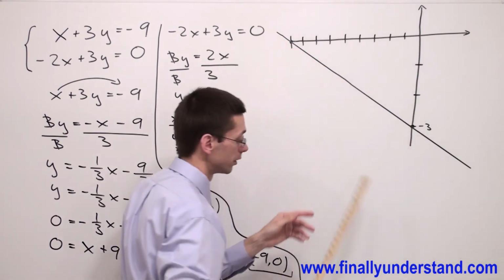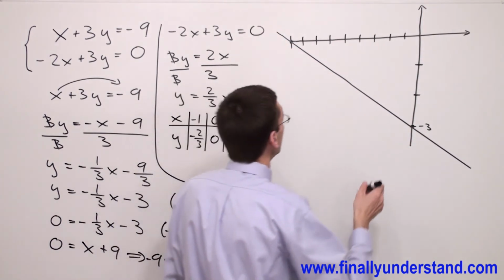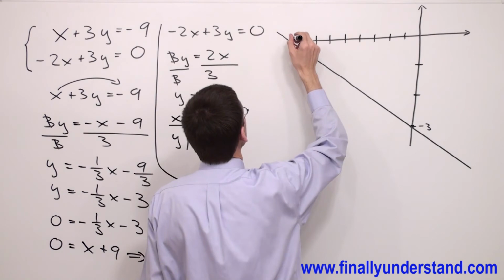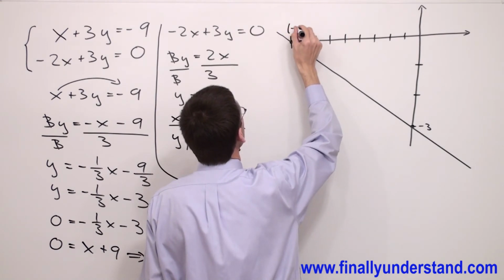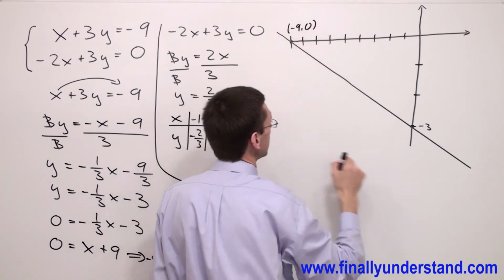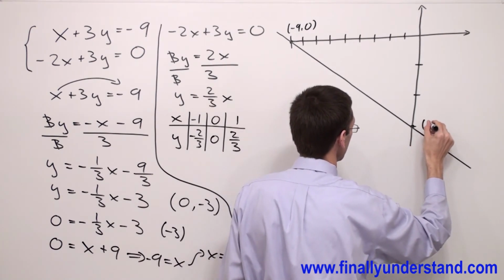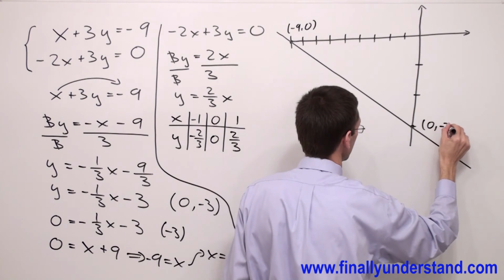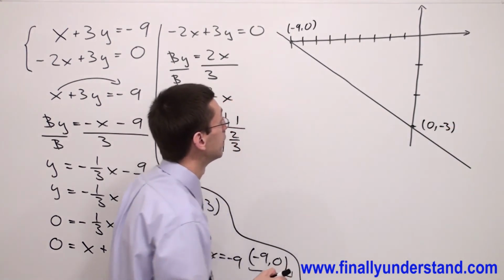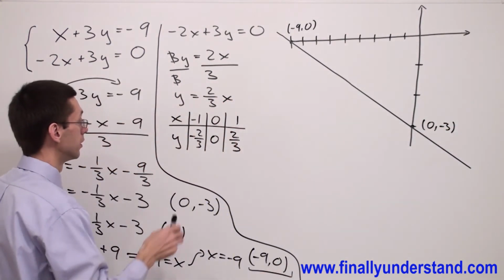So the coordinates of this point are -9, 0, and this one has coordinates 0, -3.